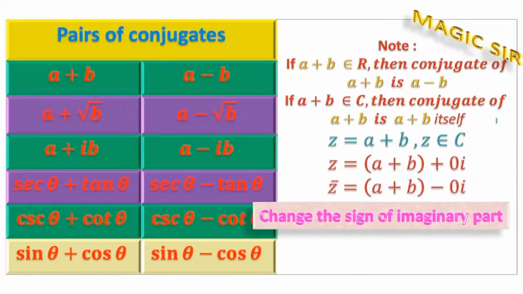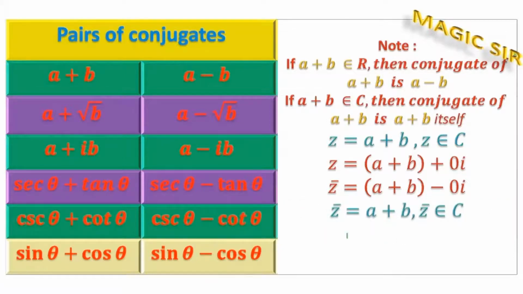So the conjugate of Z is equal to A plus B minus 0 into I. Here, A plus B is the real part and the imaginary part is equal to 0.